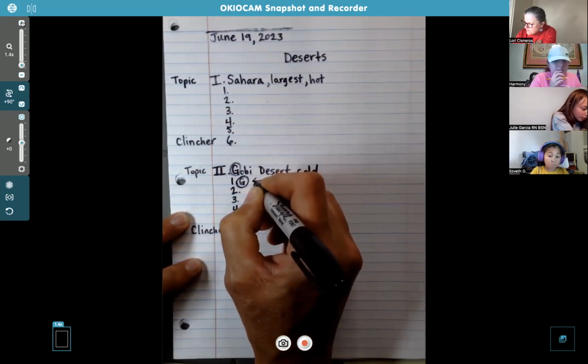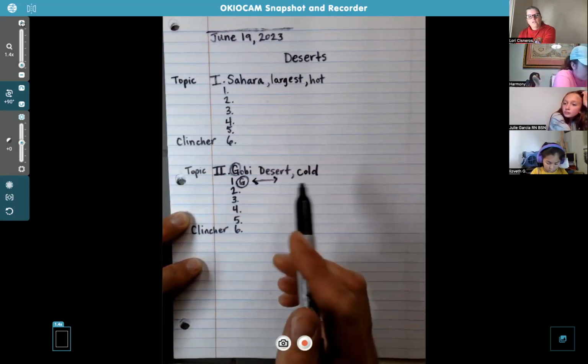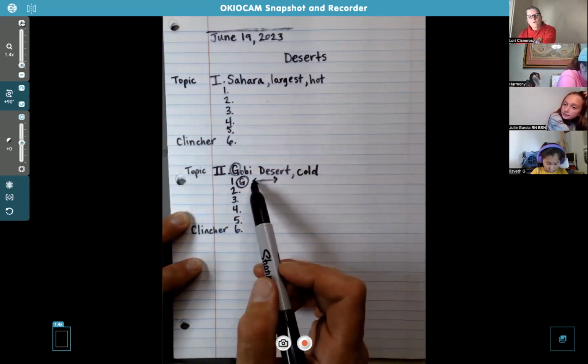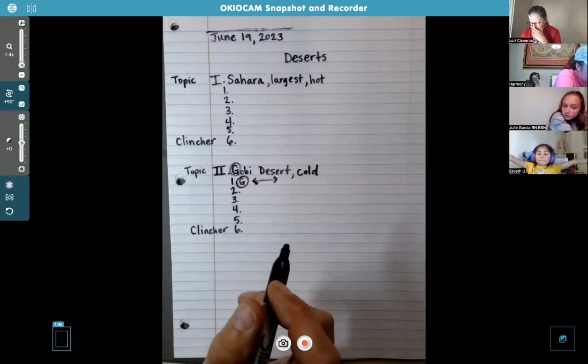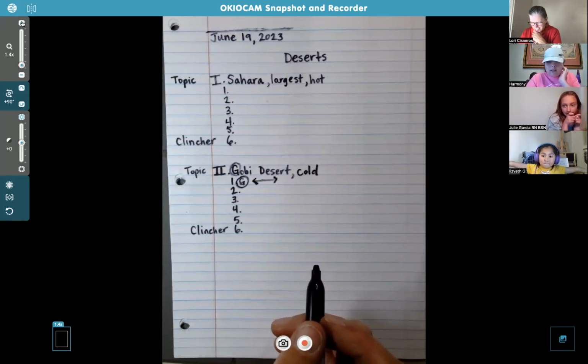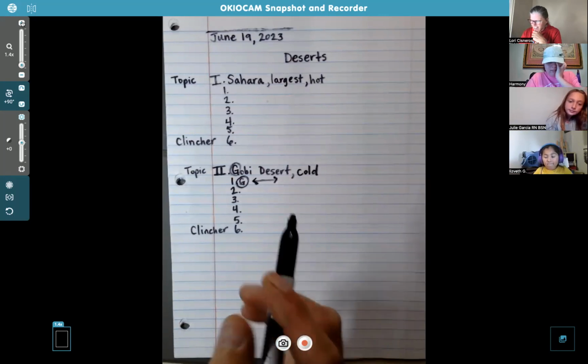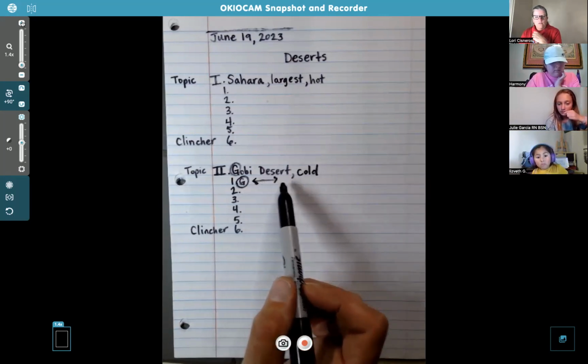Is that what you mean? Stretch, like it's stretched. Is that right? Yes. Okay. Good. It's tricky. I like it. So the G for Gobi, and then we got these arrows for stretches.